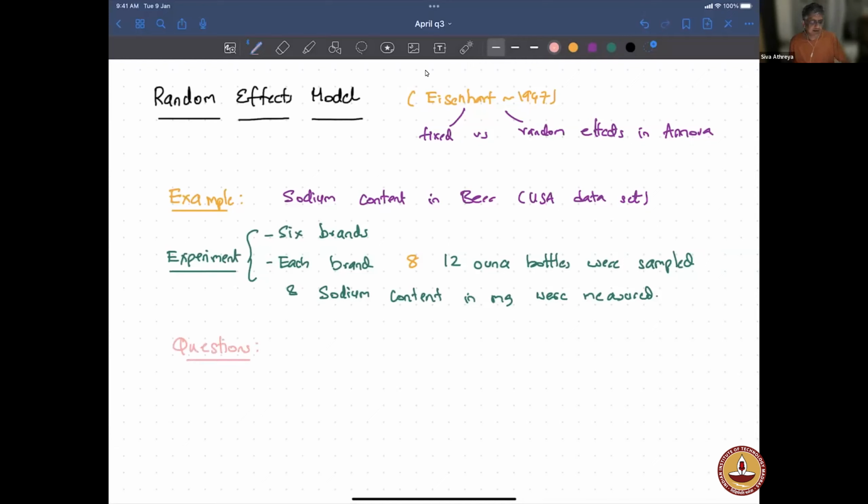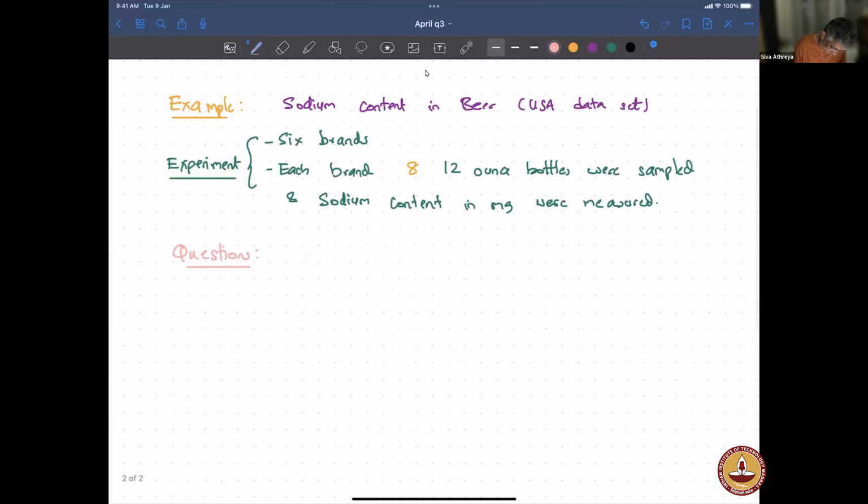The first question is: what is the expected value of sodium content for a given beer brand? That's one thing one has to understand.